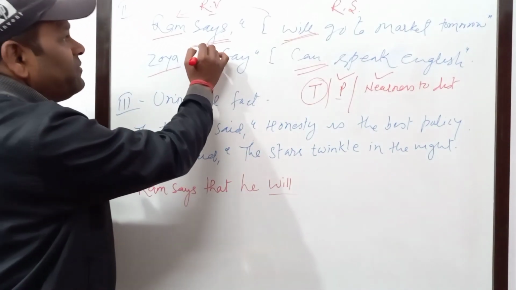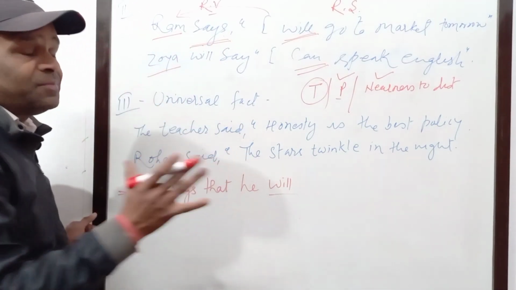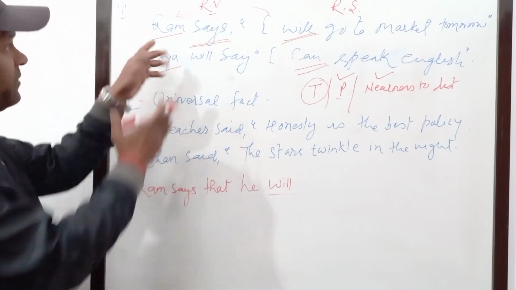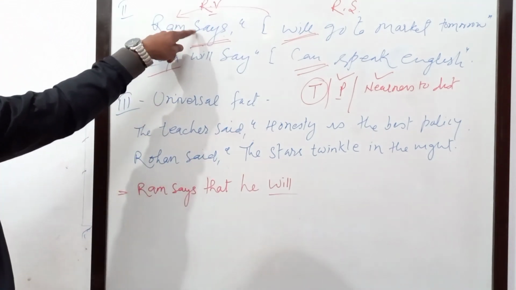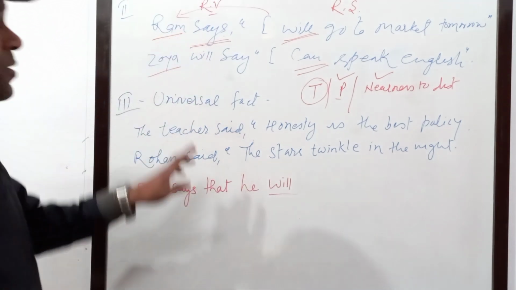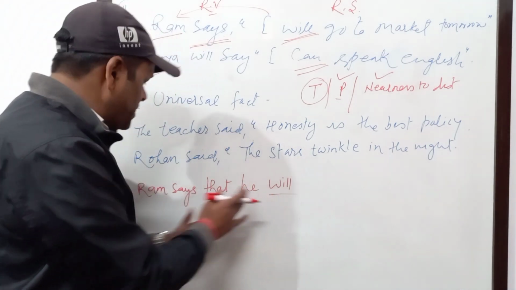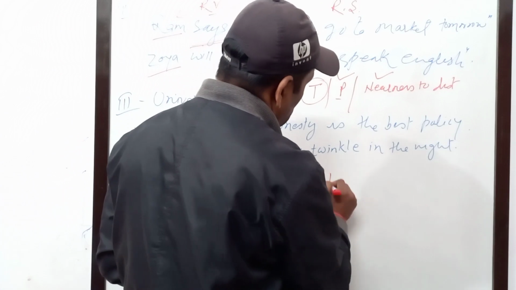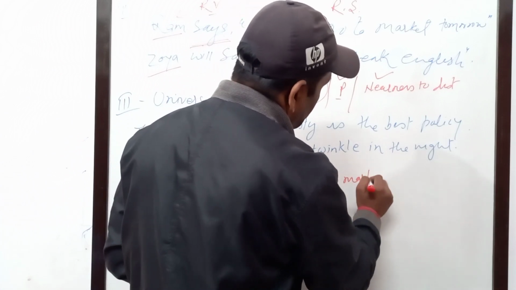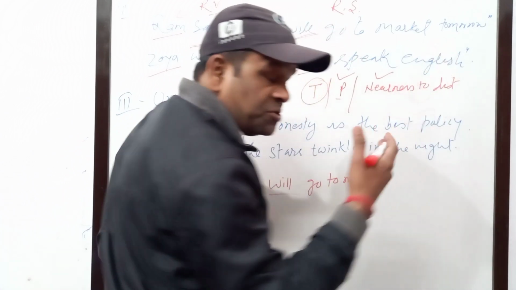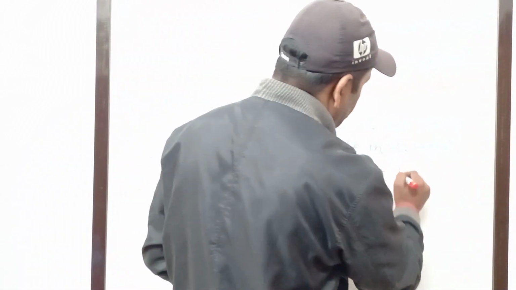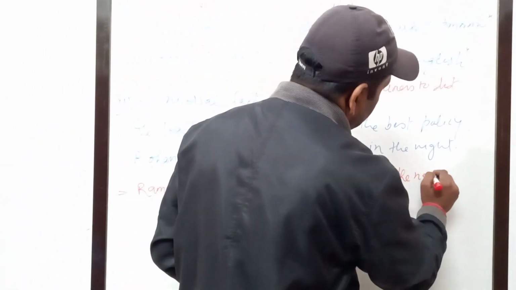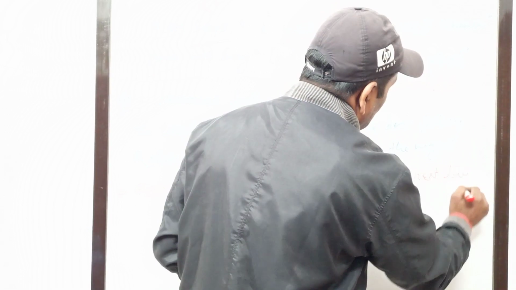Because the reporting verb is in present. Now this is the point that you have to understand. Whenever the reporting verb is in present or future, we don't change the verb. Okay, so Ram says that he will go to market tomorrow. Tomorrow will change into the next day. Yes, you are right, the next day. Full stop.